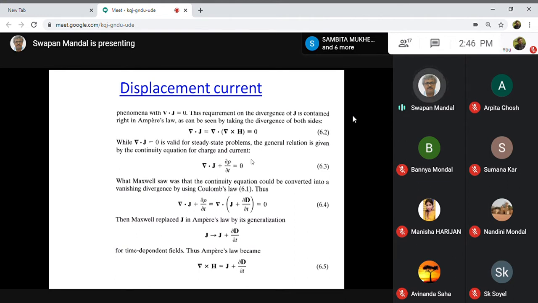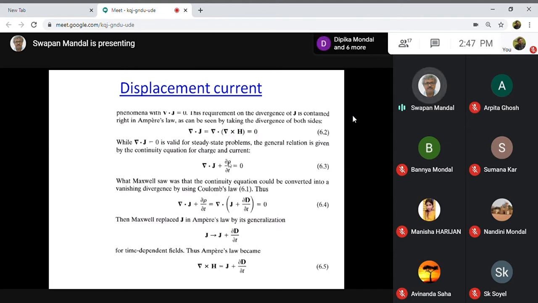You have already encountered this type of equation of continuity somewhere else, even in your hydrodynamics classes, if your liquid flows like this. That is exactly what we are doing in our electrodynamics courses also.